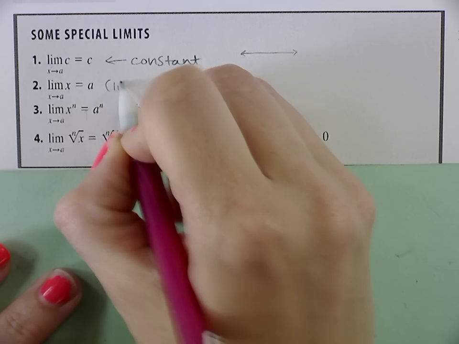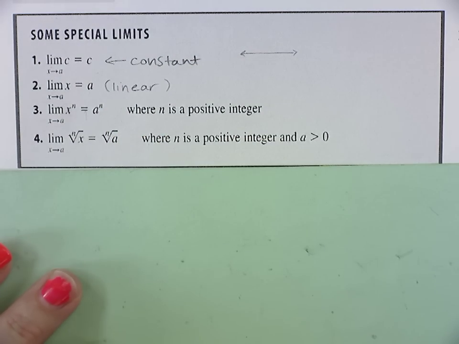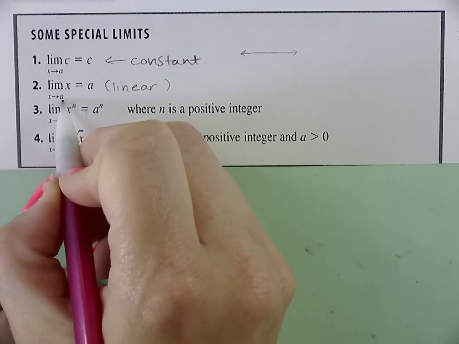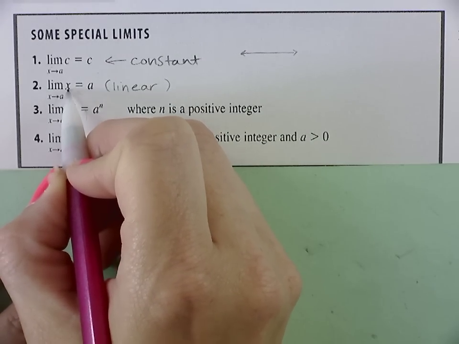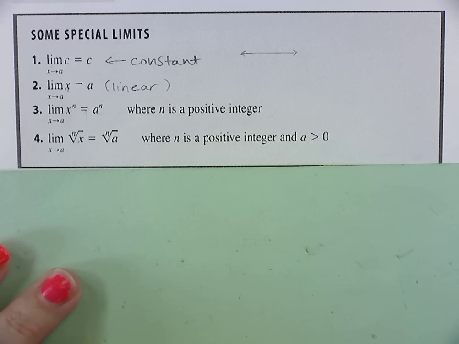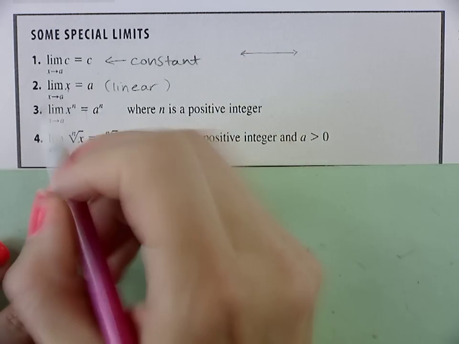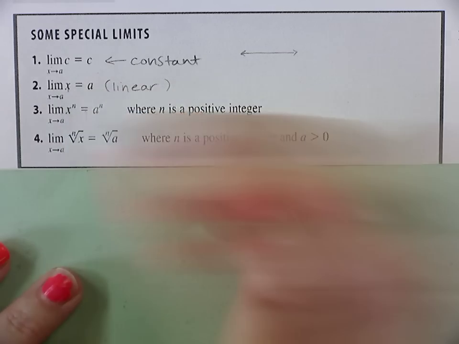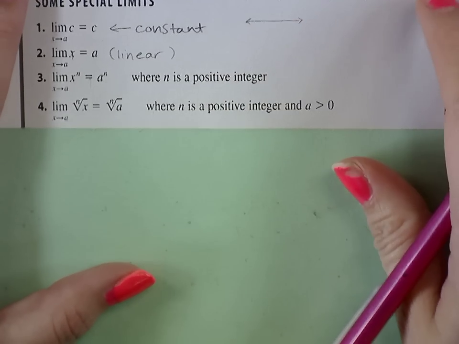Okay? So if you have a linear function, if you plug in a, think about if it's 1. If you plug in 1 for x, what do you get out? 1. Okay? So whatever you plug in, you're going to get out the same thing. Your slope is 1 with this, and your y-intercept is going to be at (0, 0).